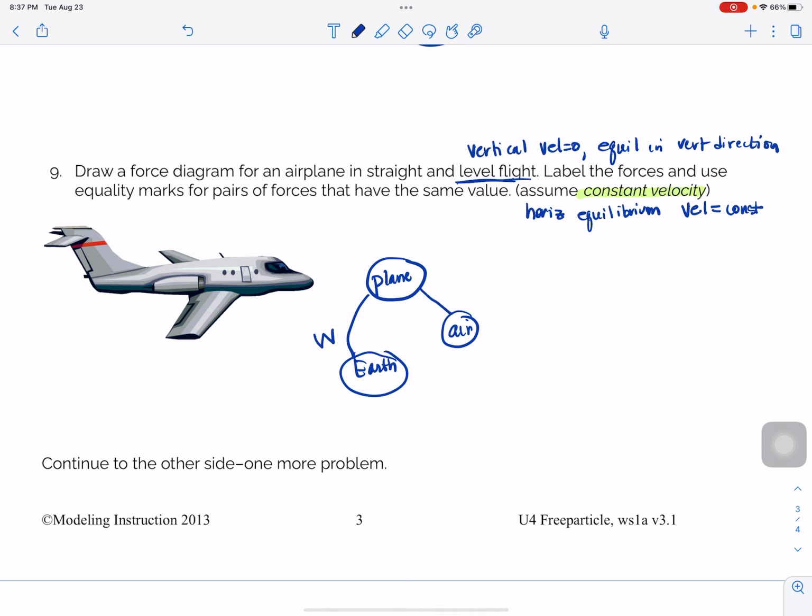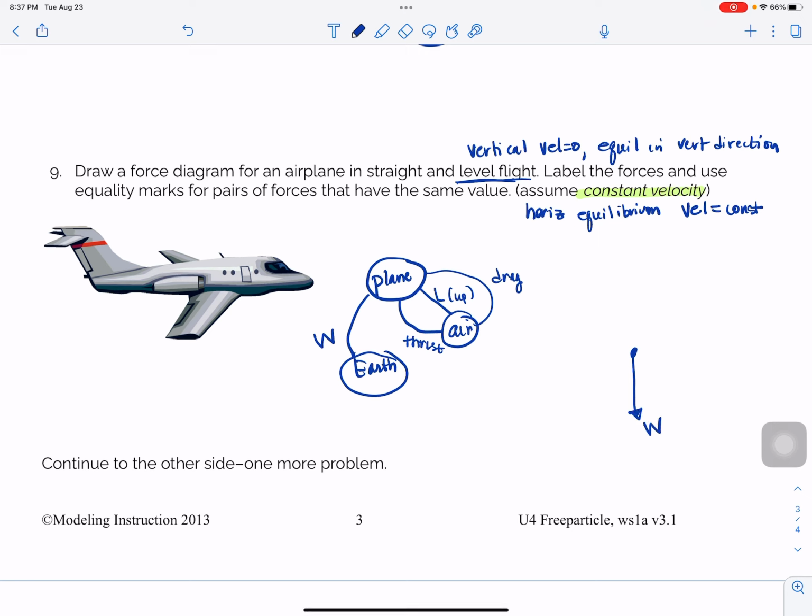One of them is lift, and this is up. Another one is drag, and that slows it down. And then the last one is something called thrust. So all 3 of those are air interactions. So we've got weight going down.